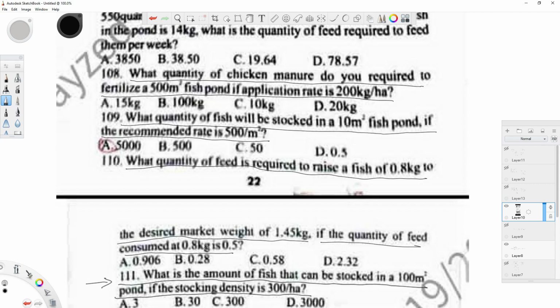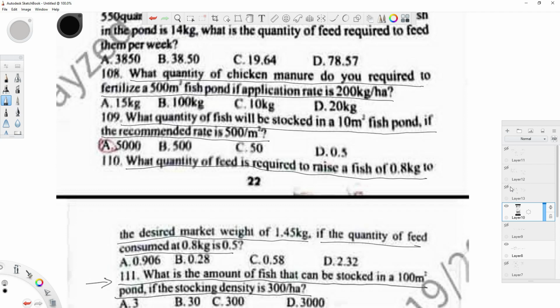The original fish weight is 0.8, but they want to raise it to the desired market weight, which is 1.45 kg. But at that 0.8 kg where the fish is currently, it consumes 0.5 kg feed. How many kg would you feed it for it to reach that desired weight? That's what the question actually states.